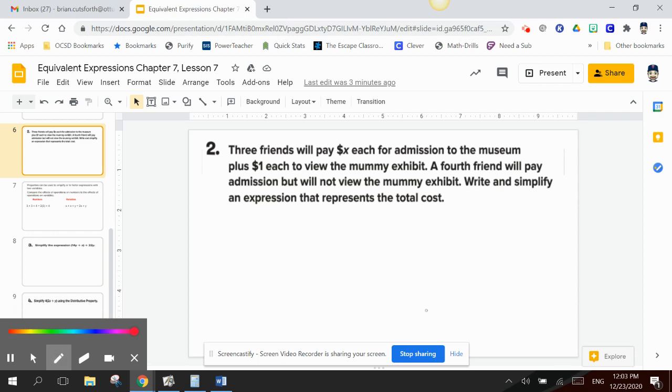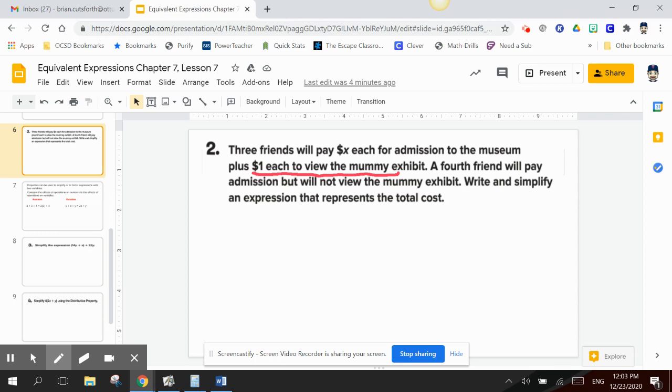3 friends will pay x dollars each for admission to the museum, plus $1 each to view the mummy exhibit. A 4th friend will pay admission, but not view the mummy exhibit. Write and simplify an expression that represents the total cost. So when I look here, I have 3 people that are going into the museum, and they're going to watch the mummy exhibit.